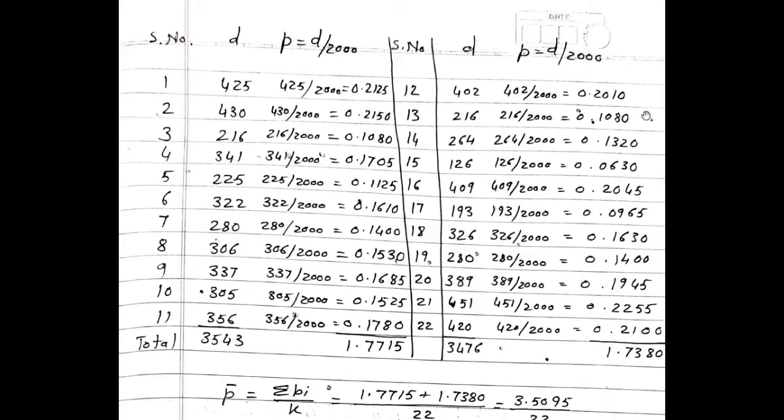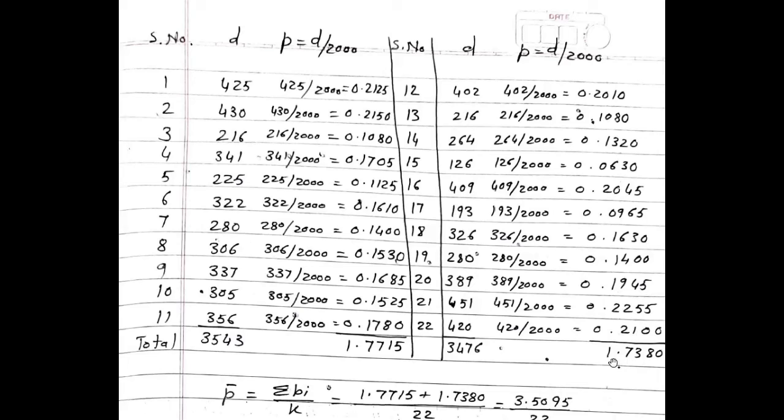Then we will take the total for P for next 11 values. So 0.2010 plus 0.1080 plus 0.1320 plus 0.0630 plus 0.2045 plus 0.0965 plus 0.1630 plus 0.1400 plus 0.1945 plus 0.2255 plus 0.2100.